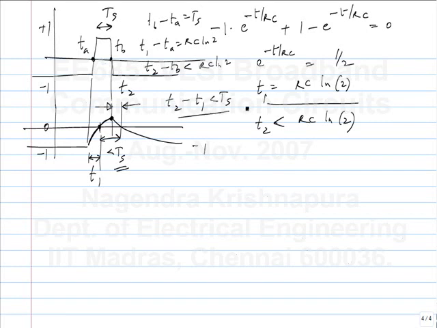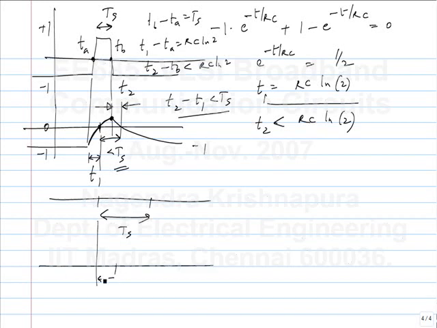All I am saying is I have at the input two things separated by Ts. At the output the first one is separated by RC ln 2, and the second one is separated by something less than RC ln 2. So if this is Ts, this has to be smaller than Ts.